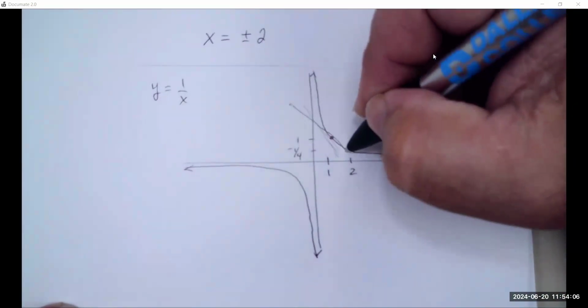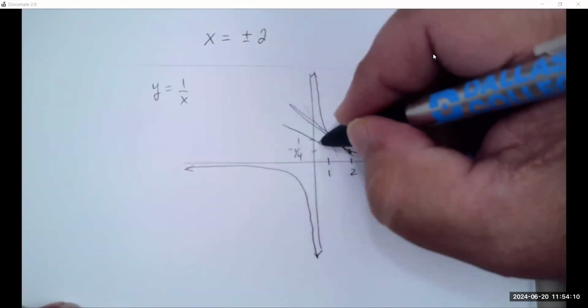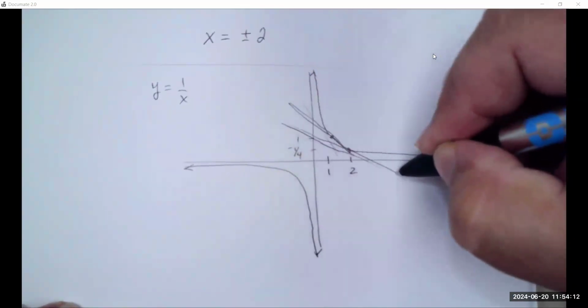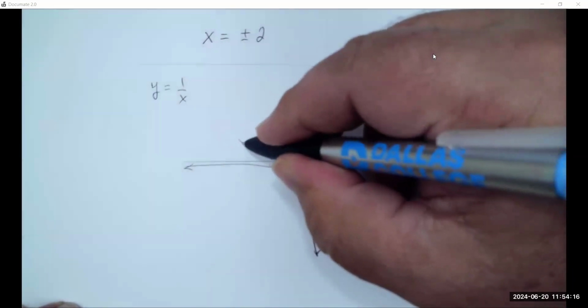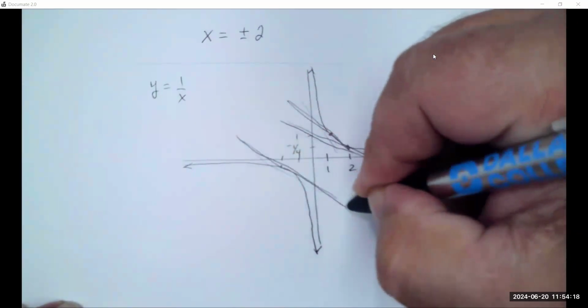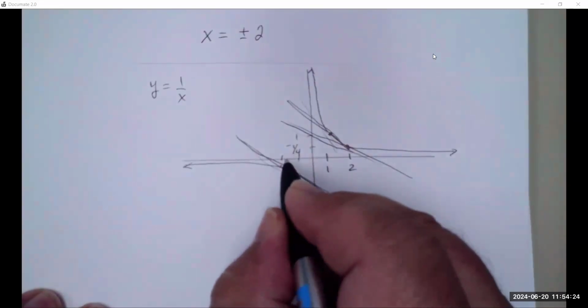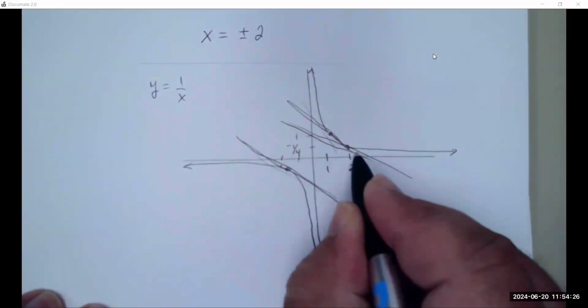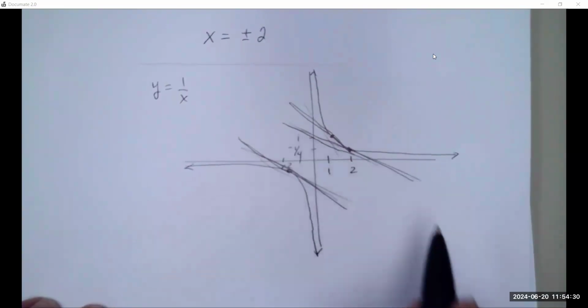So it's a negative slope because it's going down. At this one, it's a negative slope because it's going down. Likewise, on the other side. So the slopes of these two lines at -2 and 2 are parallel.